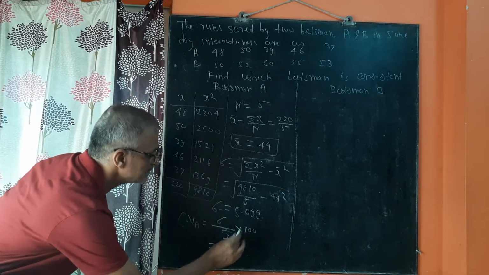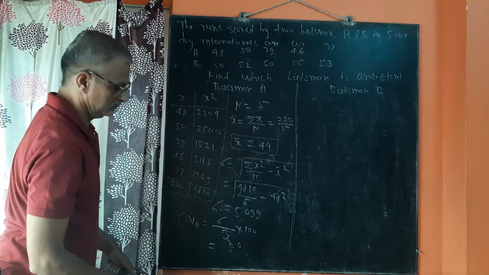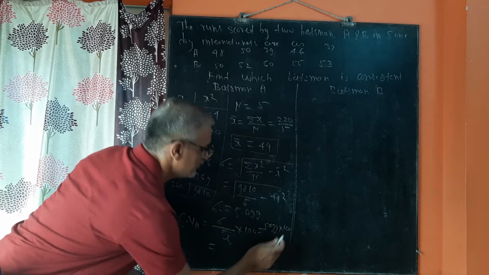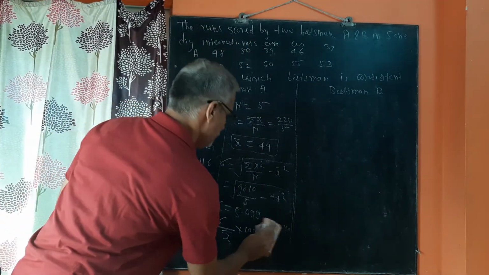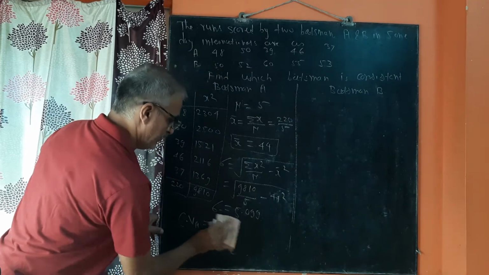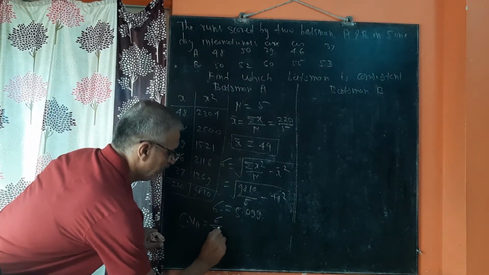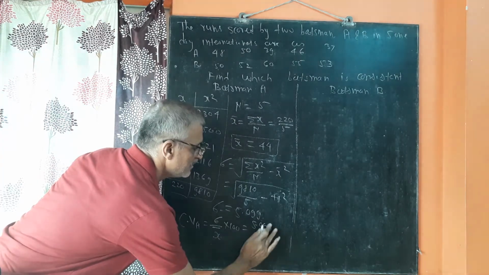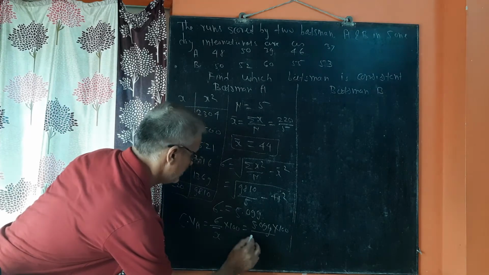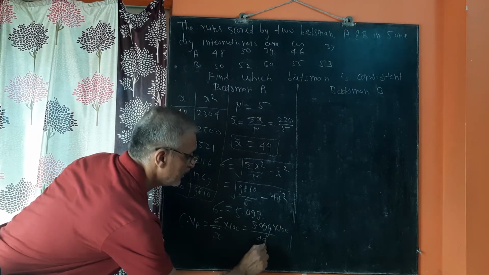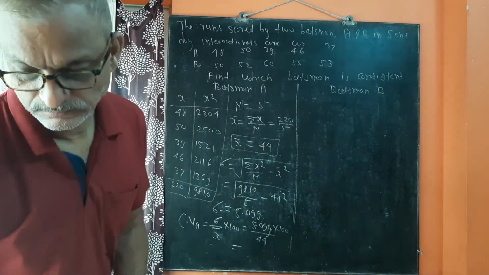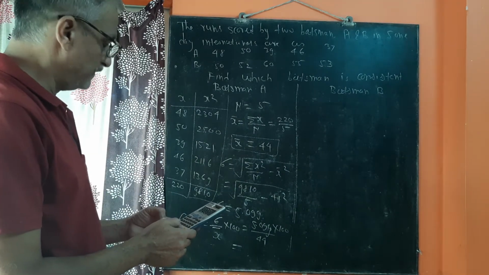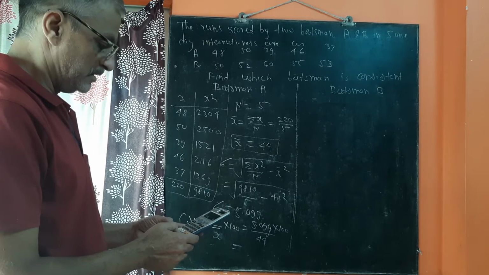Sigma is 5.099, so it is 5.099 into 100 divided by x bar, which is 44.